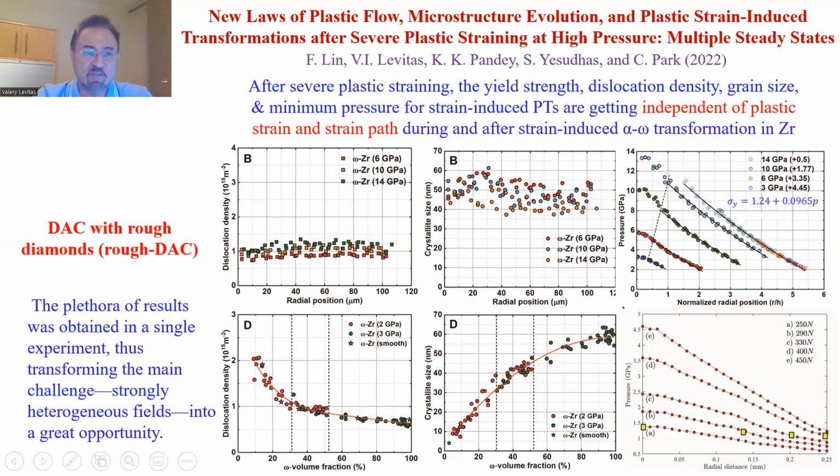But even more, during phase transition, dislocation density and crystallite size depend solely on the volume fraction of omega phase and are independent of plastic strain path, and even pressure. So this plethora of results represents new laws for plastic strain microstructure evolution and plastic strain-induced phase transformations. And they were obtained in a single experiment, thus transforming the main challenge, a strongly heterogeneous field in the diamond anvil cell, into a great opportunity.